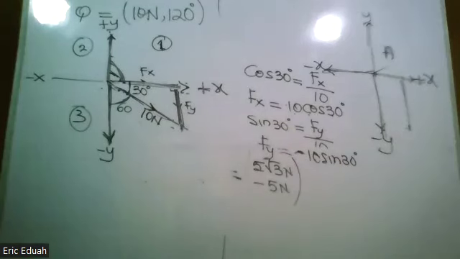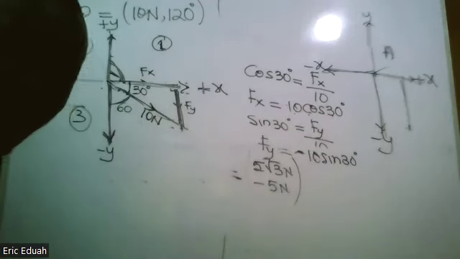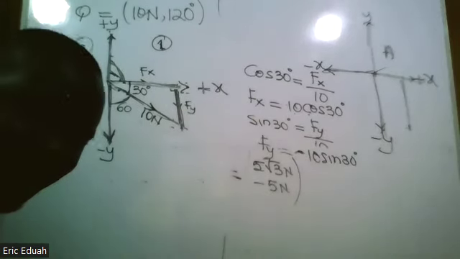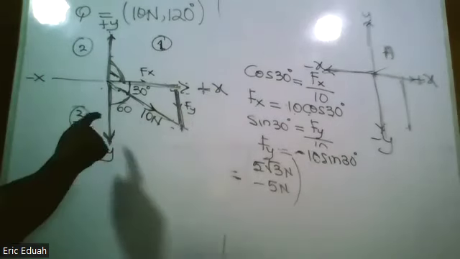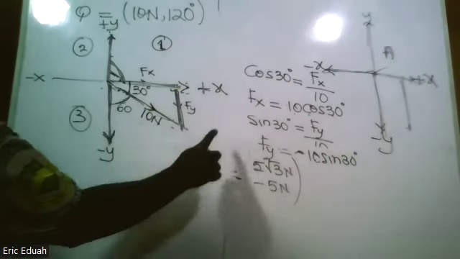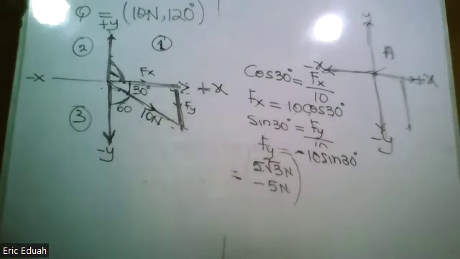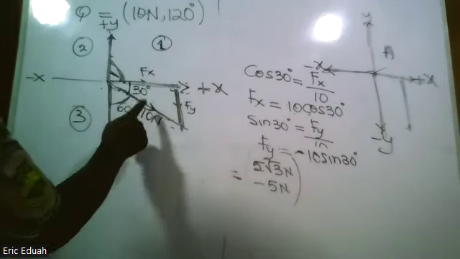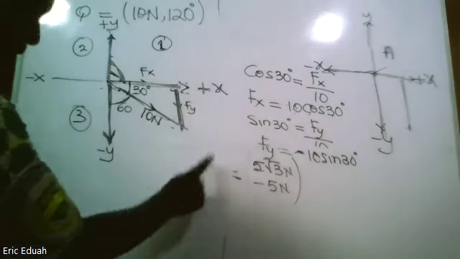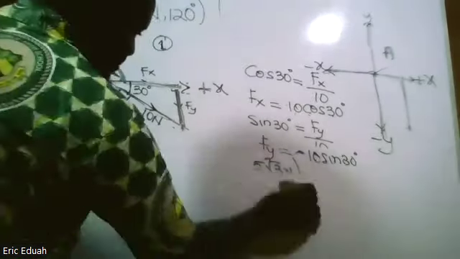Don't forget, I said when we are looking at the angle it makes with the y-axis, the other will be sine cos. If we are looking at the angle it makes with the x-axis, it is cos sine. So look at something.